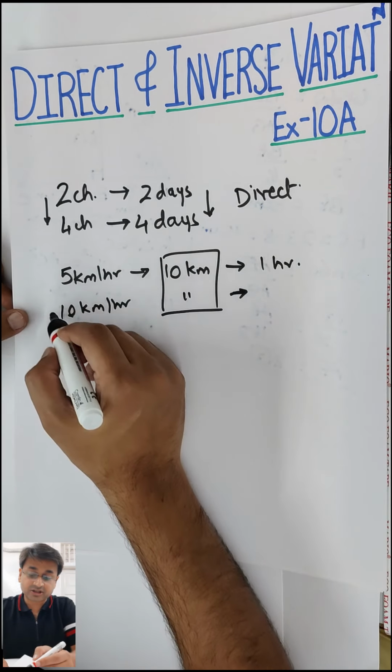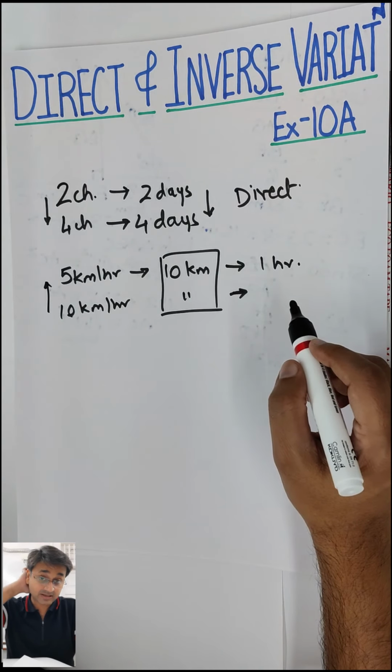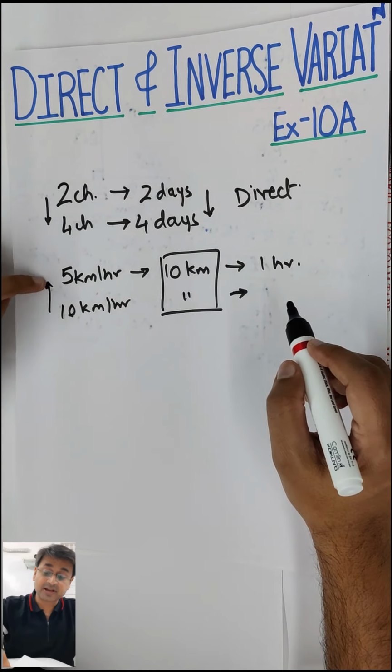If you increased your speed to 10 kilometers per hour, what will happen to the time? Since the speed has increased, the time obviously is going to decrease. You will finish this in half an hour, correct? So this has gone ulta, opposite.